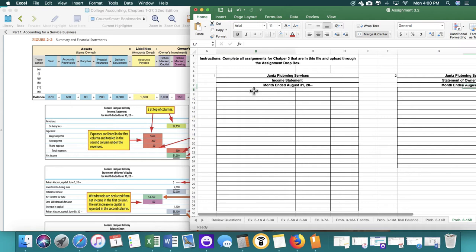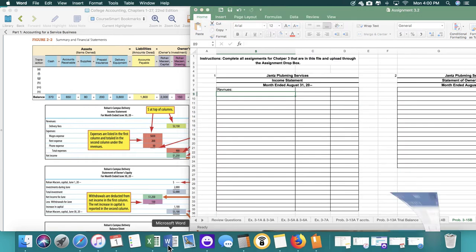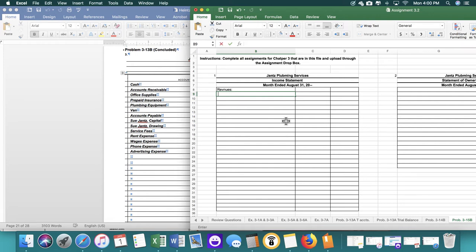So the income statement is revenues. In this case, you would look at the trial balance. So we have service fees as our revenue account, if I can type accurately.